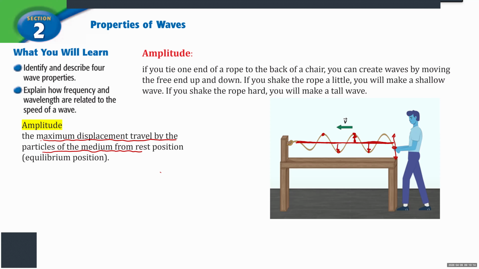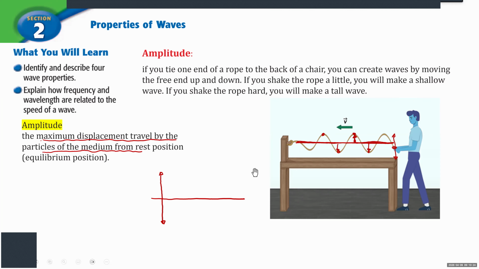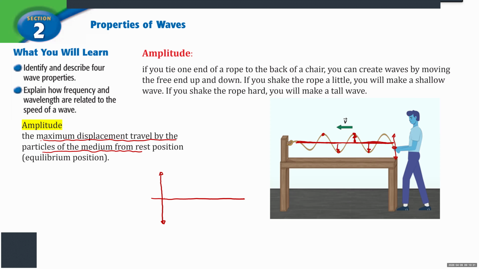For example, in the sine wave, this is called a sine wave. This is the wave, and the y-axis here is displacement.